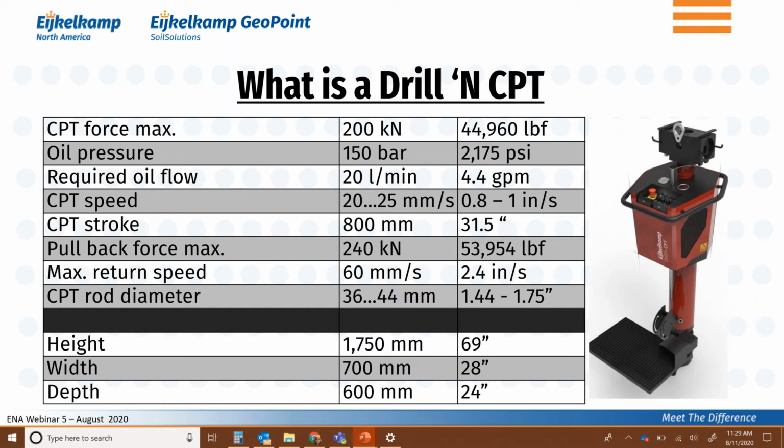They put the casing in with the drill rig and then start pushing the cone through the casing. So the answer is, as so often, yes and no. Not necessarily, the casing cannot be handled by the Drill'n CPT unit, but it does not mean that you cannot place casing.